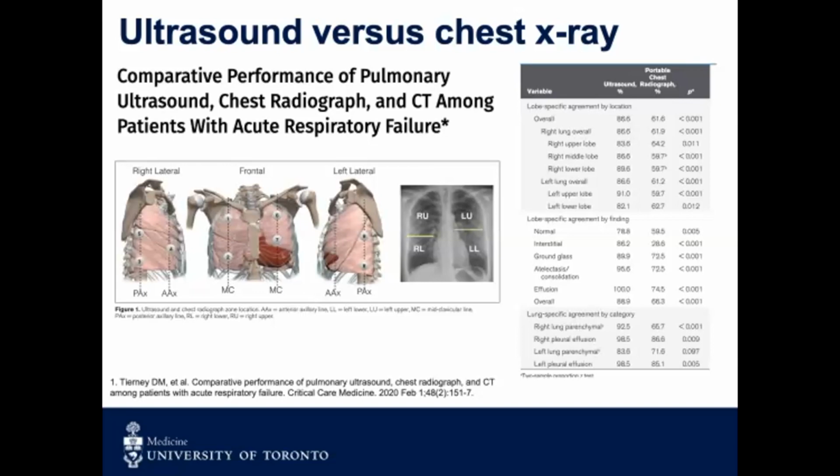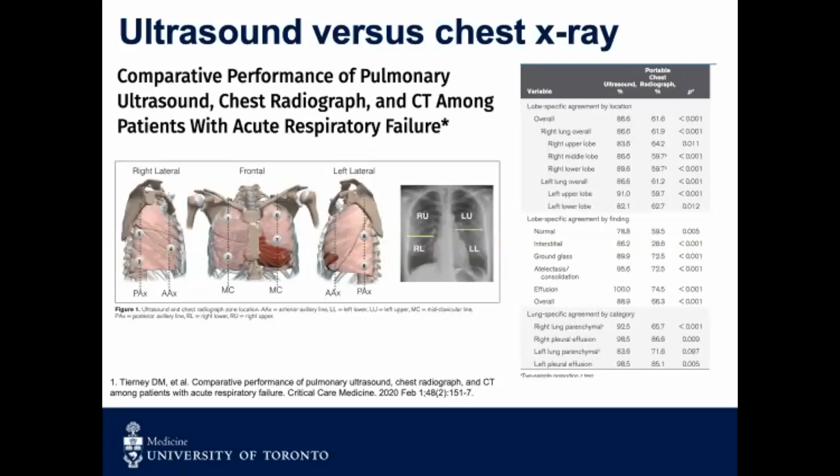And this was further subclassified into severity. Based on the appearance, the examiner did make assumptions about etiology. So they listed whether they thought this was interstitial, ground glass effusion, or consolidation, or atelectasis. The chest x-ray and the CTs were read by an expert radiologist who was blinded.